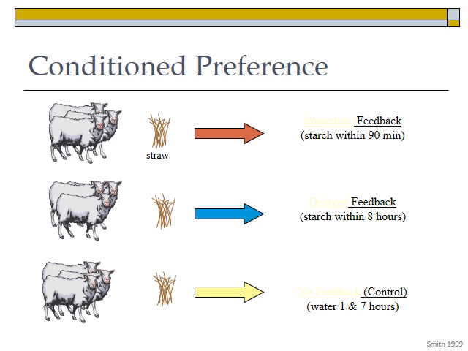And then the third day, animals got a flavor of straw for which they just got water, and they got water 1 hour after eating and then 7 hours after eating. So we had several sets of sheep, and every day they got straw that was either paired with immediate feedback that would be similar to the kind of energy that would come from soluble carbohydrates, or they got a flavored straw that was paired with delayed feedback.